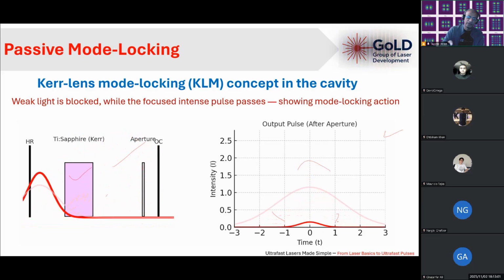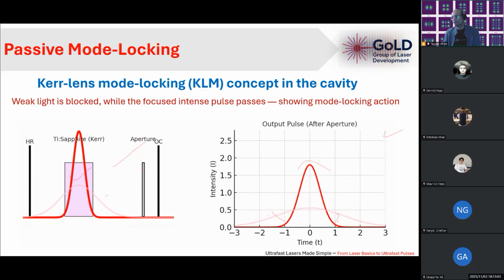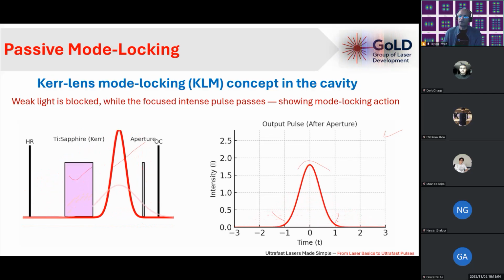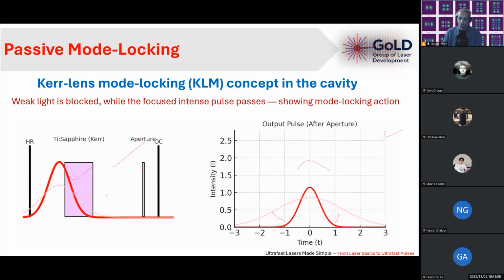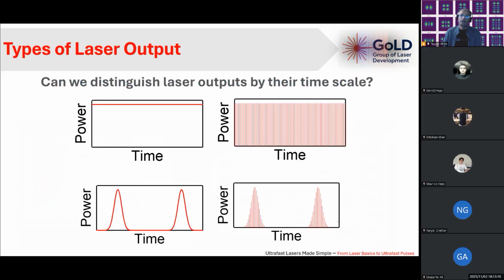So the intense mode-locked pulse goes out of the output coupler, and we get the output. If you remember, can we distinguish laser output by their time scales?